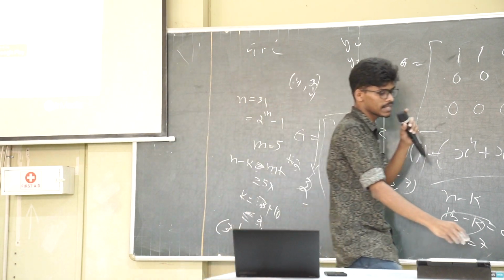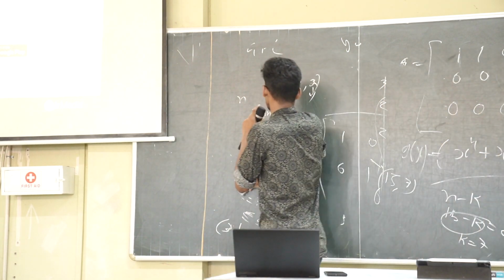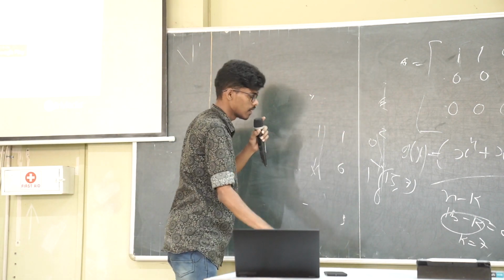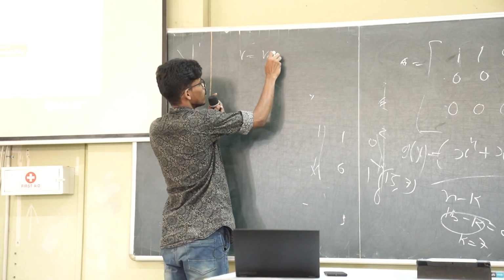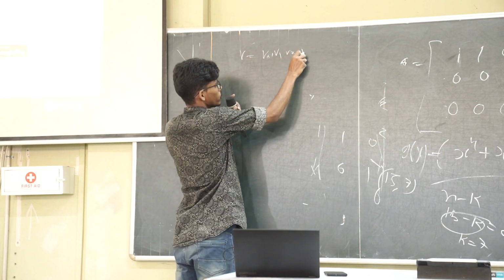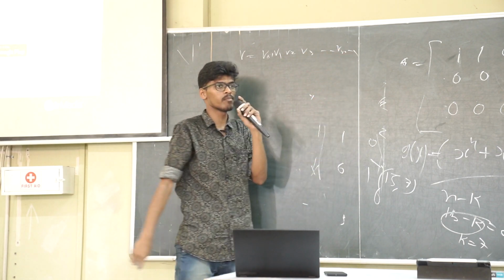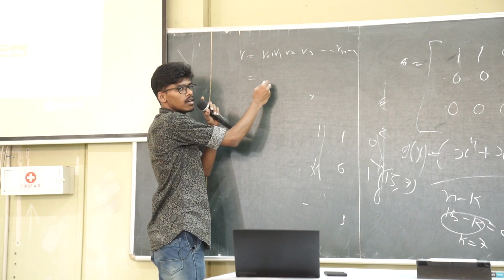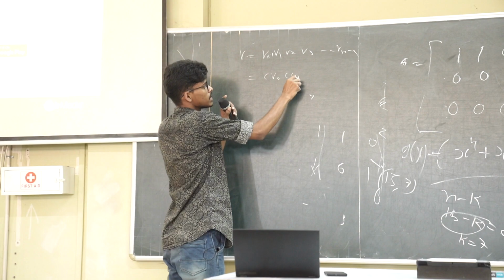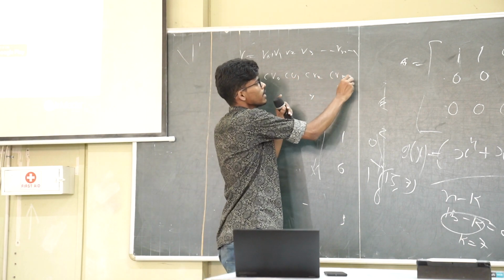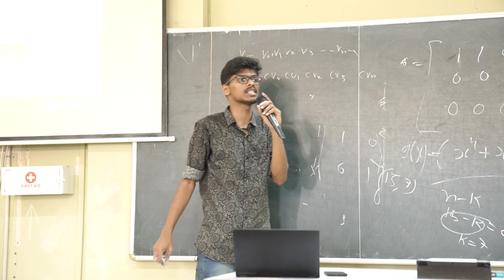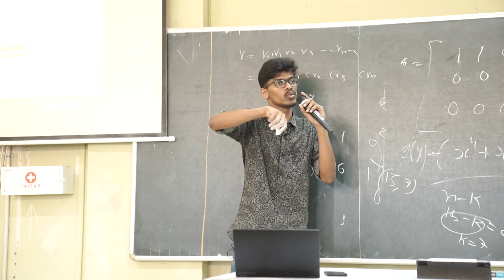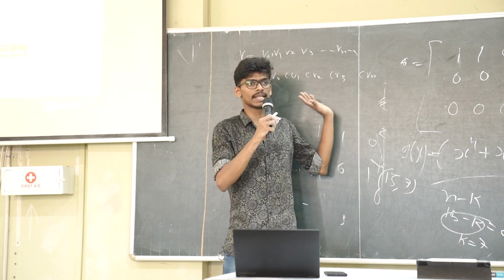How can we represent a vector? v equal to v0, v1, v2, v3 up to vn minus 1. So if you multiply a constant, how will it be represented? cv0, cv1, cv3, cvn. You understand this much? Then you multiply minus c times vn. Just do the reverse things and prove everything. Everything will result in the same thing.